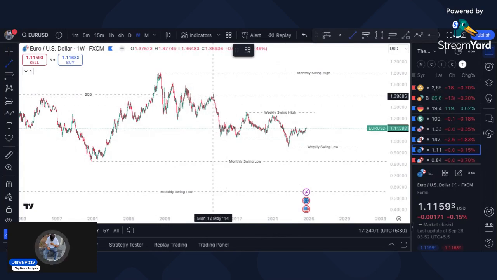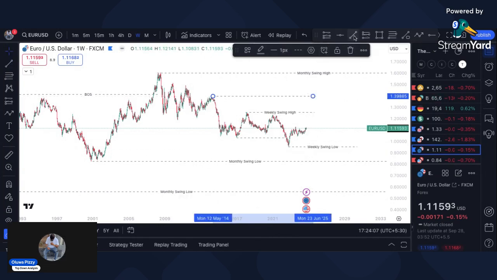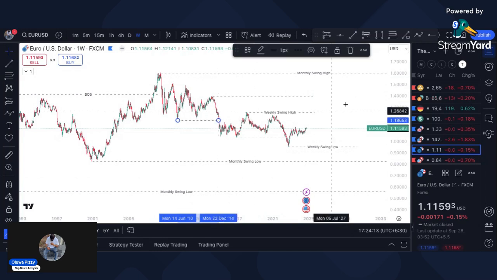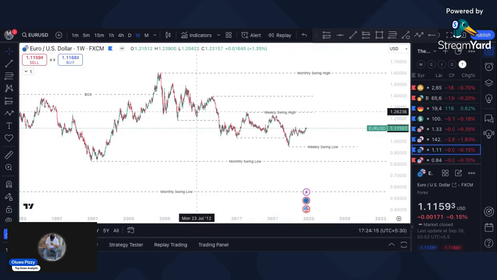Okay, you see on the weekly time frame, we keep breaking the lows, not the highs. Don't forget we are trading from this low to this high, and the overall trend on a multi-time frame is an uptrend. But on the weekly time frame right now, you can see we are in a downtrend.